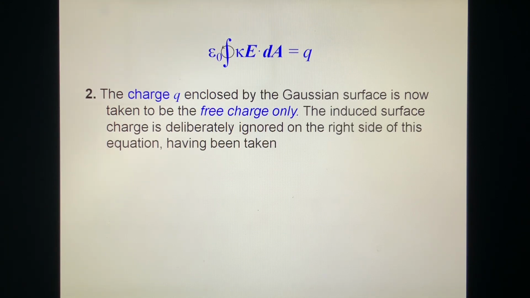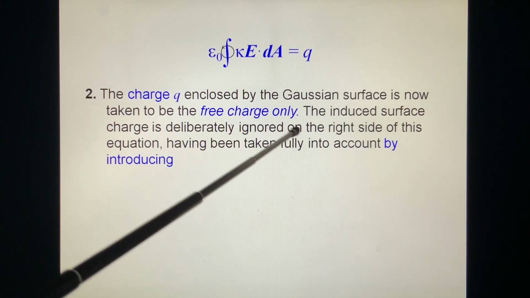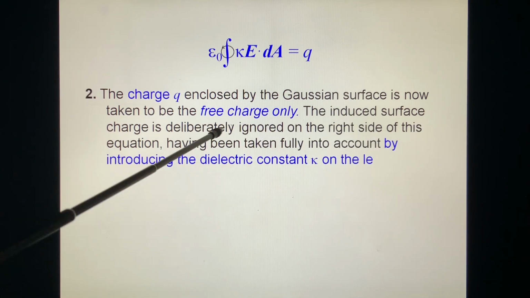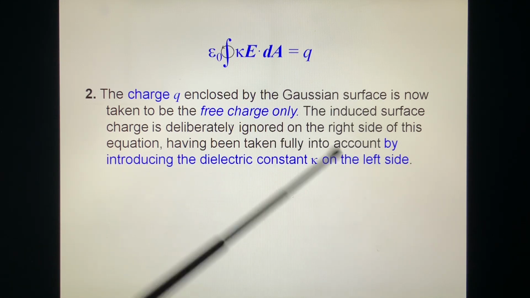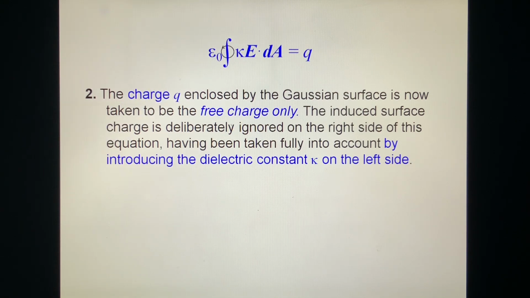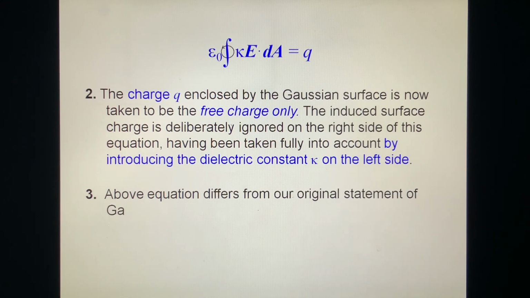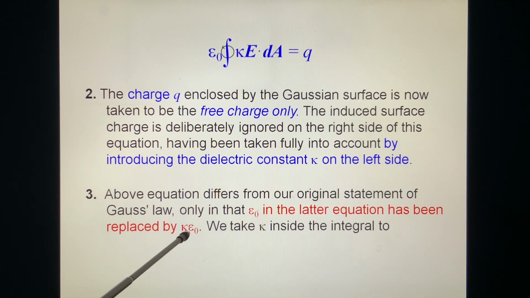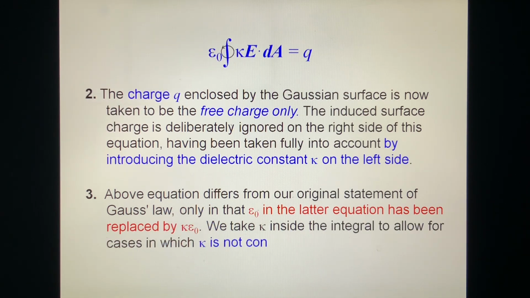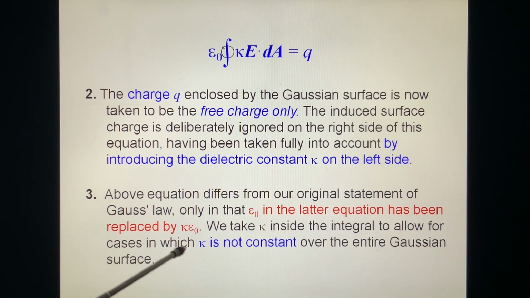The induced surface charge is deliberately ignored on the right side of this equation, having been taken fully into account by introducing the dielectric constant kappa on the left side. 3. The above equation differs from our original statement of Gauss law only in that epsilon 0 in the earlier equation has been replaced by kappa epsilon 0. We take kappa inside the integral to allow for the case in which kappa is not constant over the entire Gaussian surface.